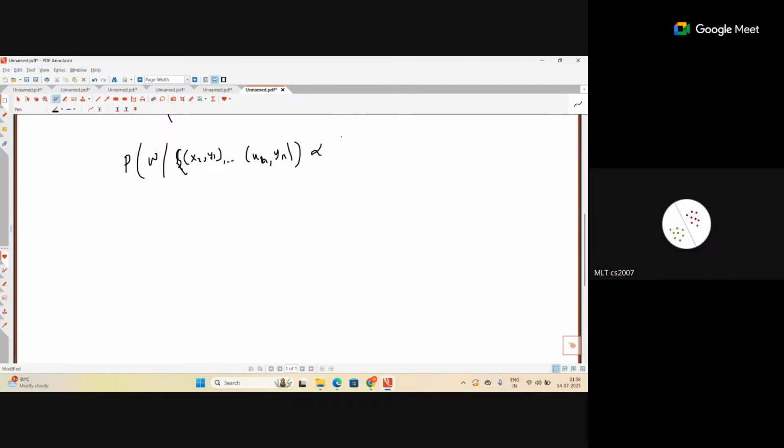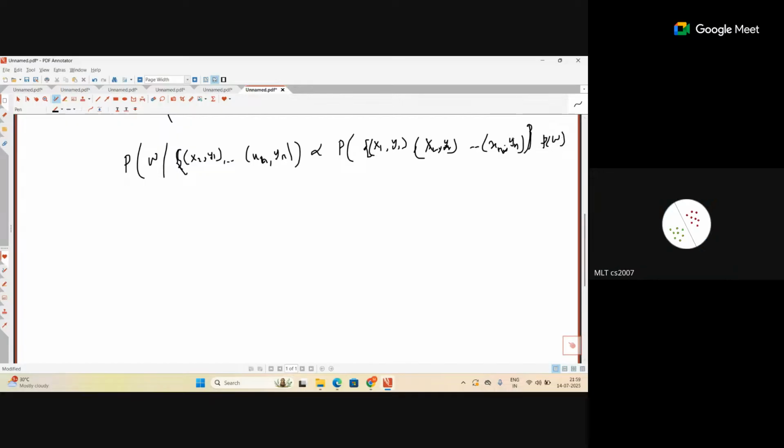And it is the probability of X1, Y1, X2, Y2, up to Xn, Yn, times the probability of W, which is the prior. I hope all of you know this Bayesian formula.